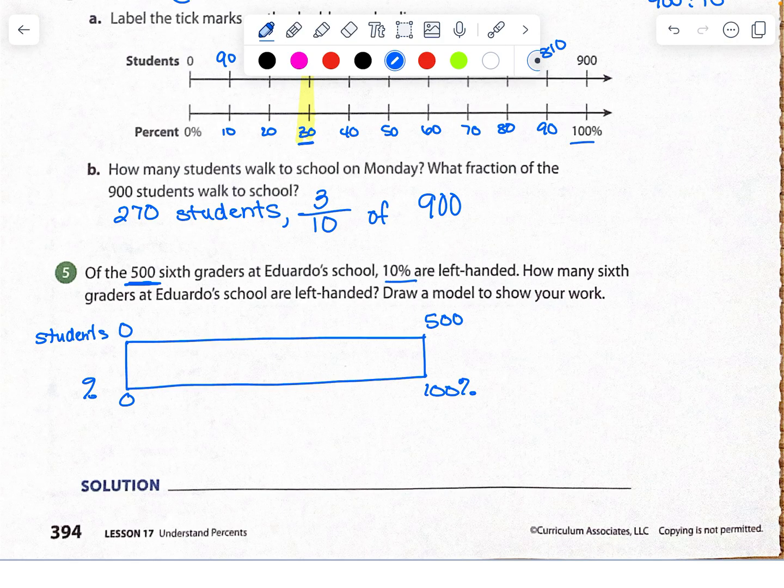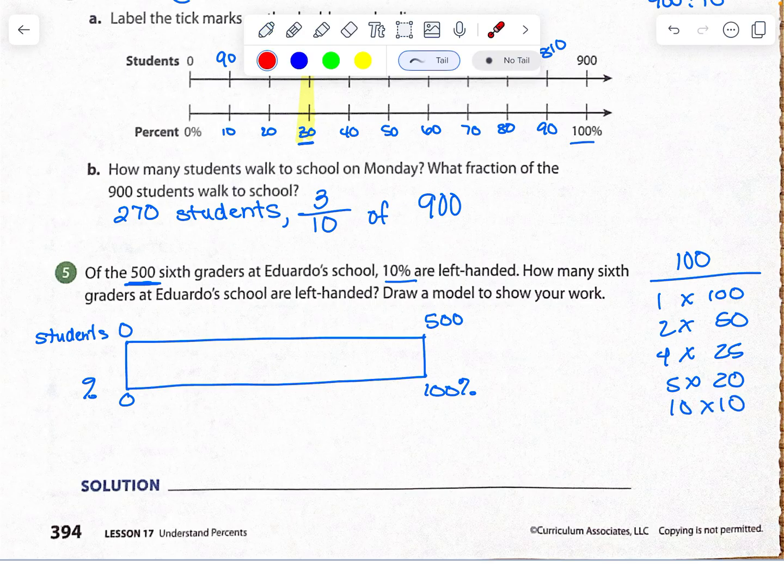10% are left-handed, so we need to show 10% on our number line, okay? So what can I count by that will give me 10%, but also gets to 100? You're going to be thinking of your factors of 100. 1 times 100, 2 times 50, 4 times 25, 5 times 20, and 10 times 10. Which one of these can I count by and I'll still get a 10?